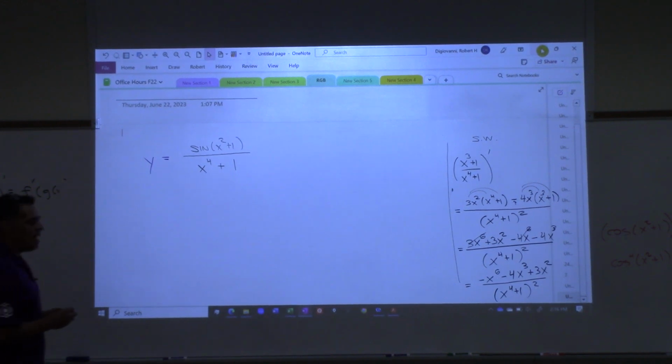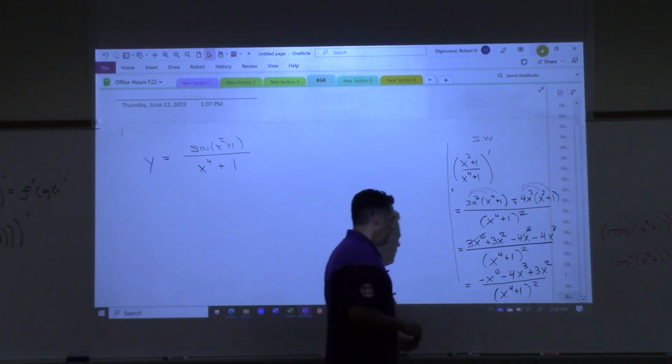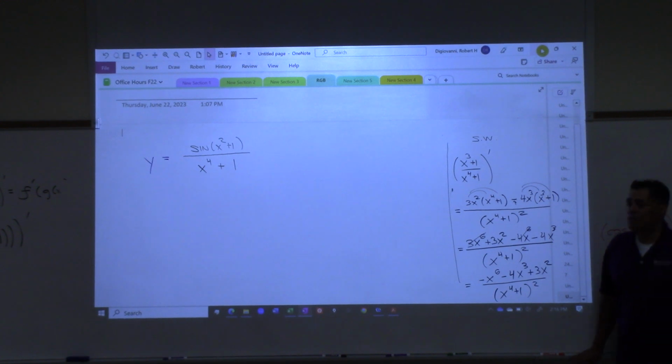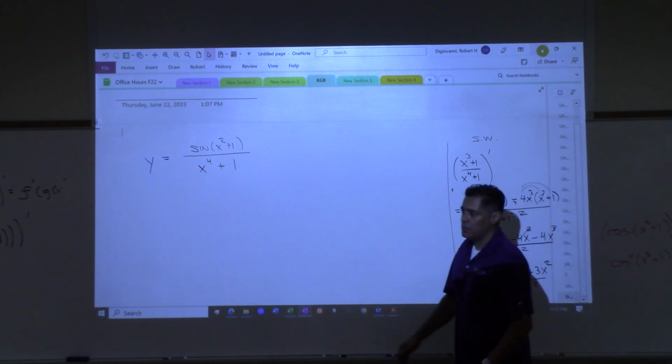So when you look at that, and this is the part that's hard to teach, what do you see? Do you see product? Do you see quotient? Do you see chain? What do you see? Does everybody see quotient first?